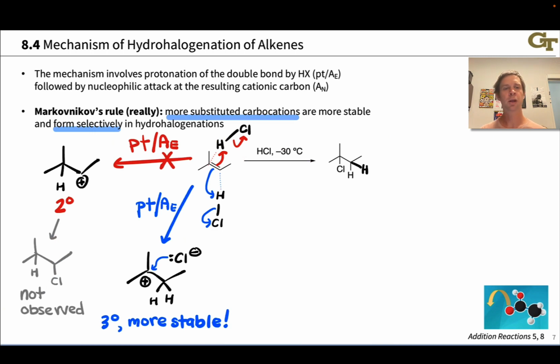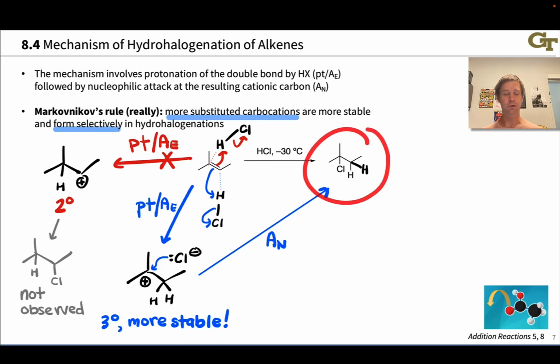So after this initial proton transfer step, we could also think of this, by the way, as association of an electrophile, the H plus being the electrophile here, to a pi bond. After that step, chloride anion is also produced, and chloride attacks the cationic carbon in a nucleophilic attack step, and this leads to the product shown here. So the Markovnikov product is entirely derived from reaction through the more stable and more readily formed tertiary or more substituted carbocation in general.